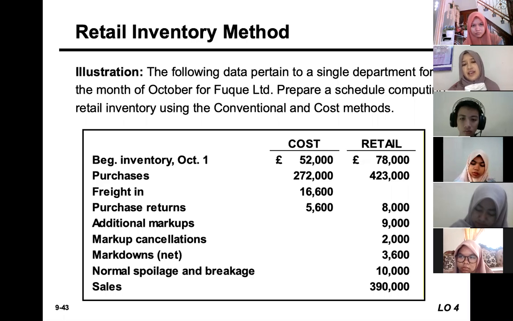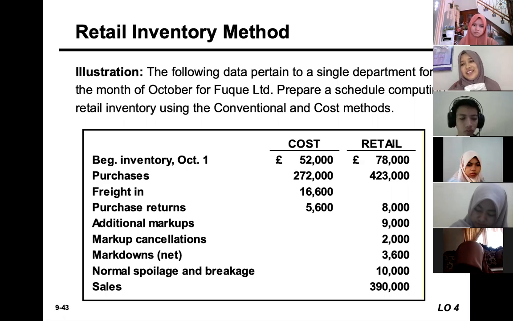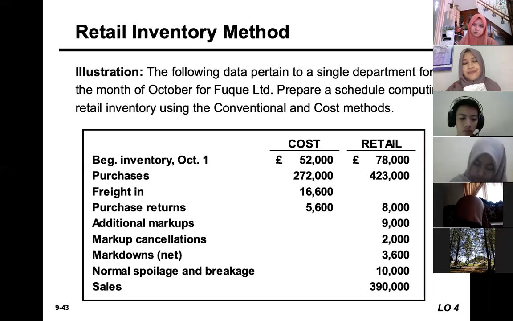Suddenly, it has a good demand, so let's raise the price again. So you make it now 190,000. So that 10,000 increase from the markdown is called markdown cancellation. So it's the opposite of the markup. So far so good, yeah?